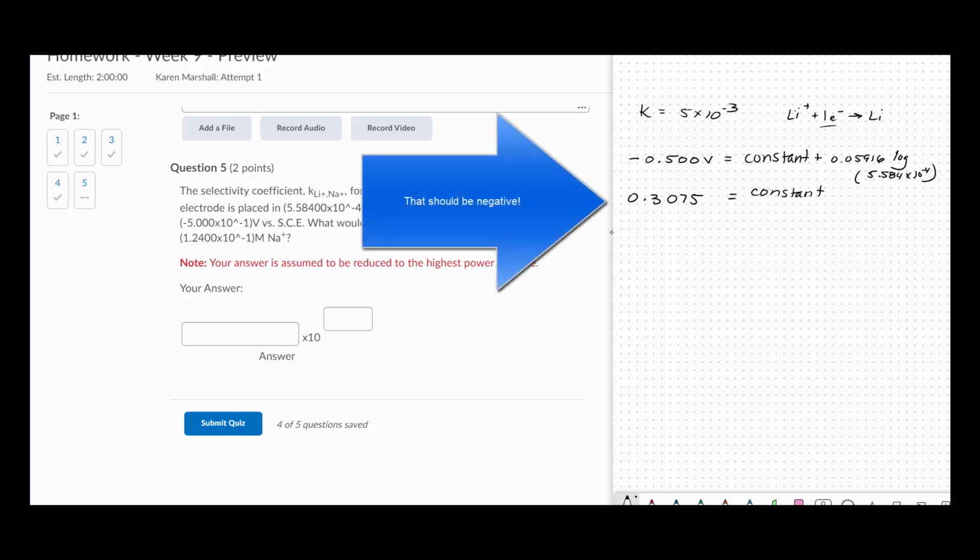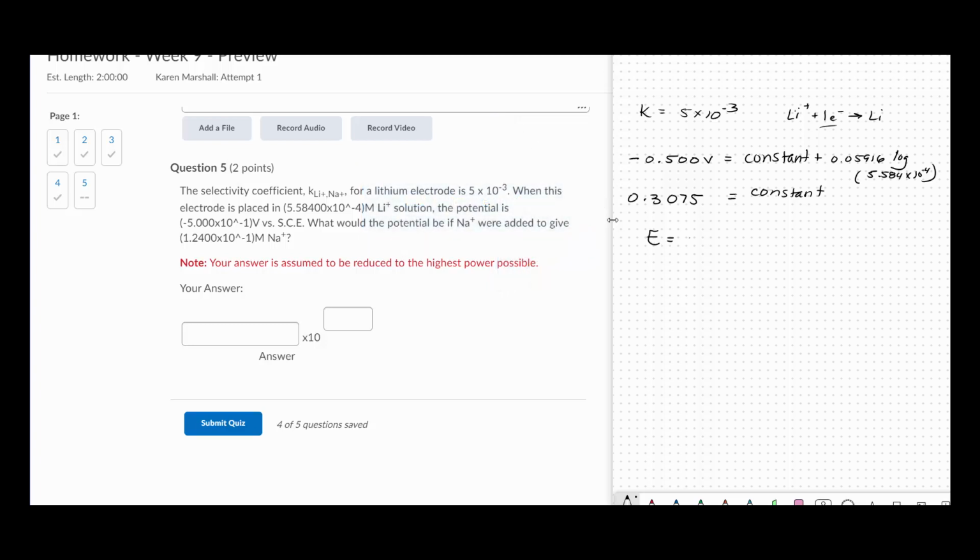So now I can solve for the potential. So the potential I'm looking for is going to be equal to my constant, 0.3075, plus 0.05916. And here's the tricky part, times the log of, and we need to add the molarity of our ions together, using that selectivity coefficient.